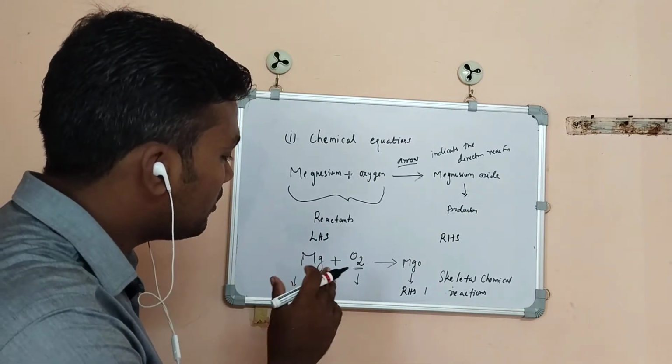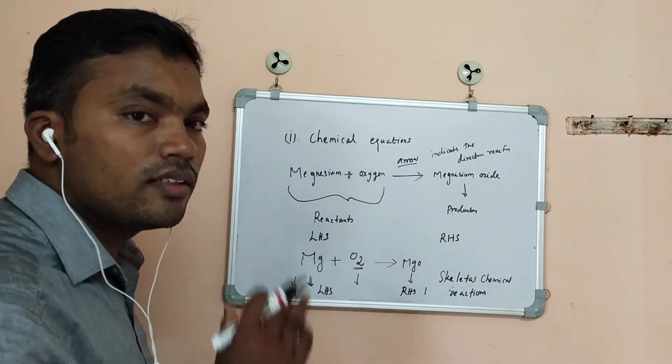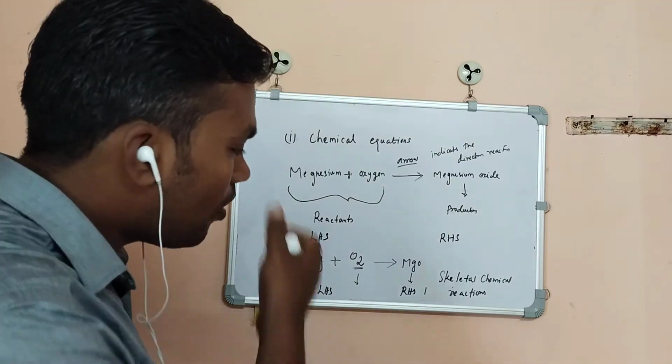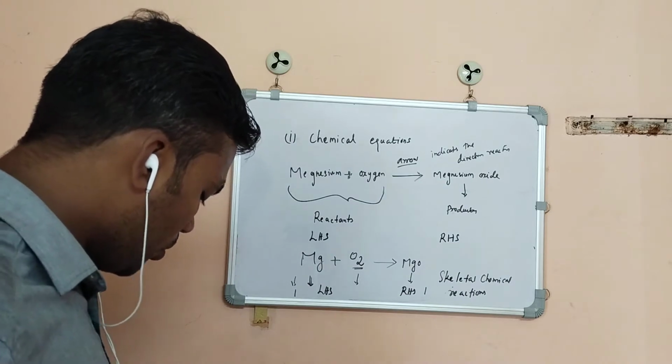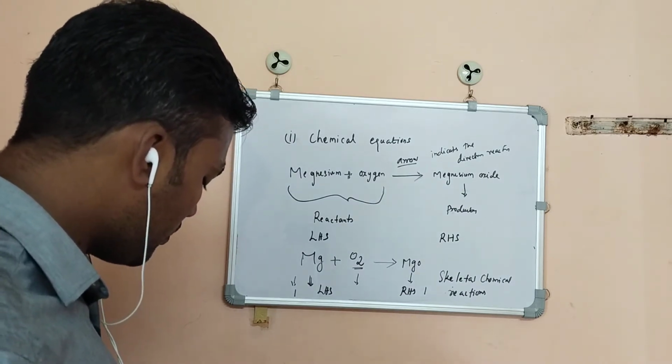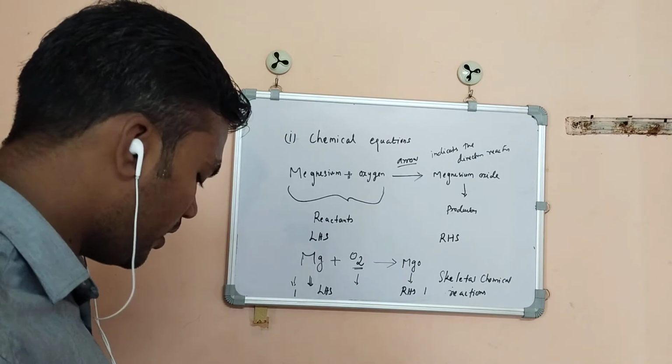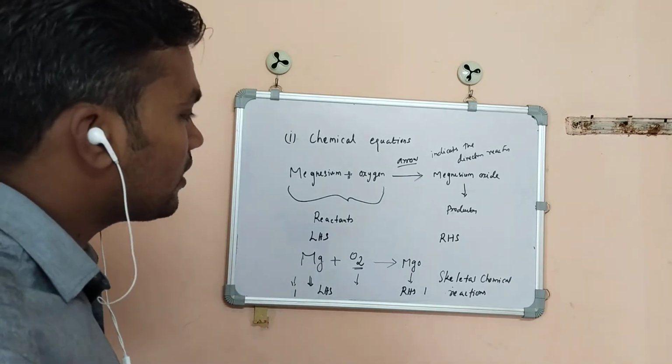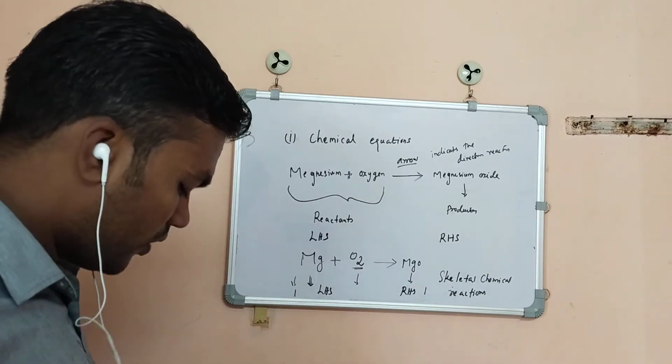The mass of the atoms on both sides is not matching and not the same in this equation. The mass of this element is not the same on both sides. This type of reaction is called a skeletal chemical reaction.